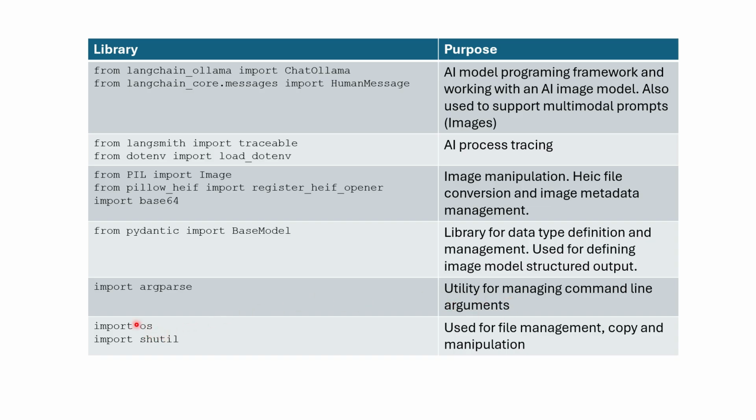And the 2 main standard libraries I'm using are the os library and the shutil library, and I use those mainly for file manipulation, to walk the list of files and folders in the source directory, and to do things like copy the files and rename the files.